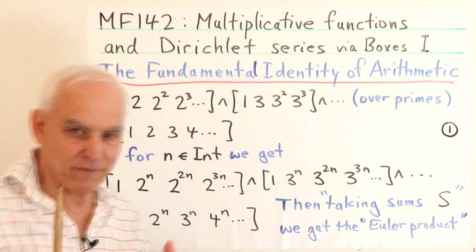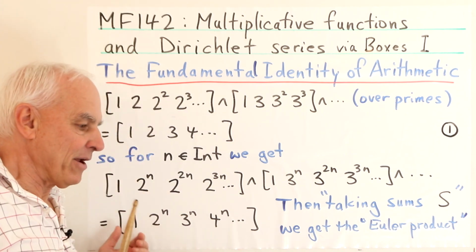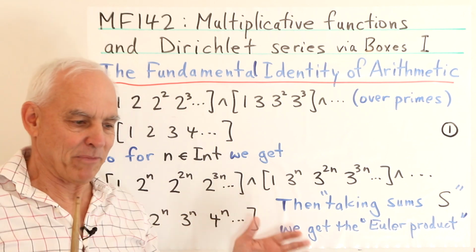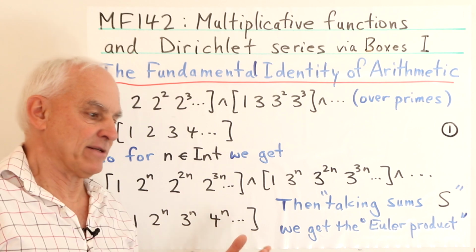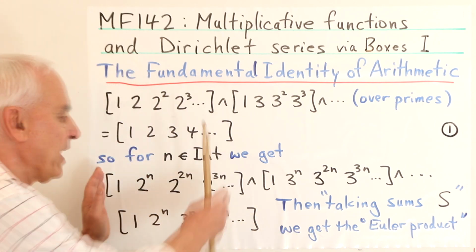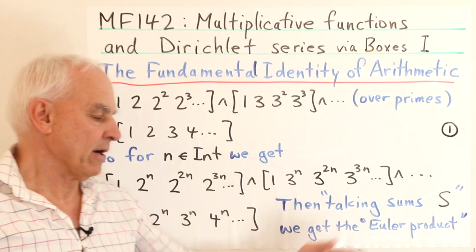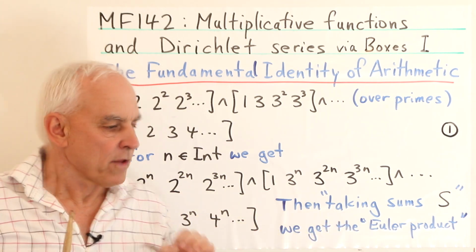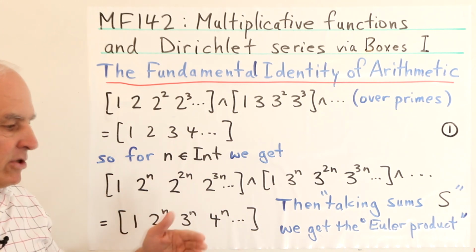Now, they don't actually converge to me because I'm not allowing infinite arithmetical processes. But nevertheless, the standard story is that if you took n to be, say, -8, then you would get a legitimate identity, and that's essentially the Euler product. So the crucial thing here is the multiplicative aspect of this taking powers operation.